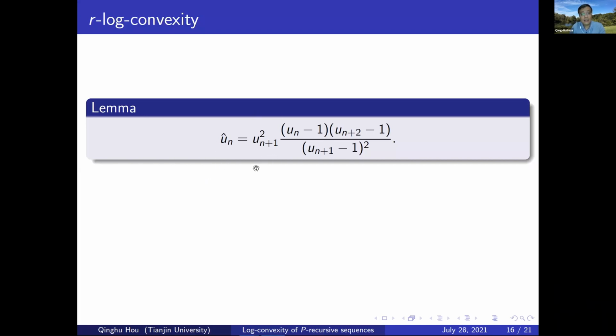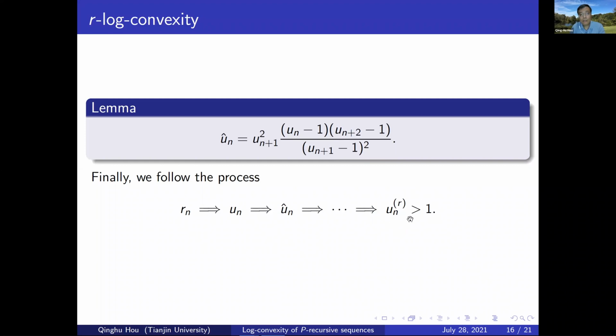In fact, we have this relation for the ratios. So we just need to follow this process. We have the bounds for R, which imply a bound for u sub n, and then a bound for u sub n for the new sequence, and up to R.